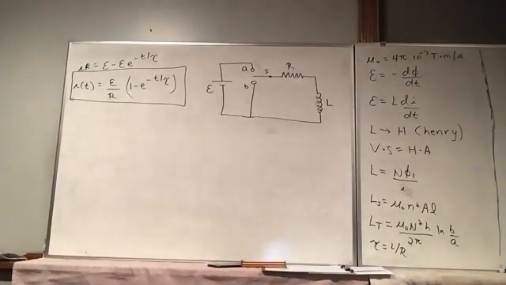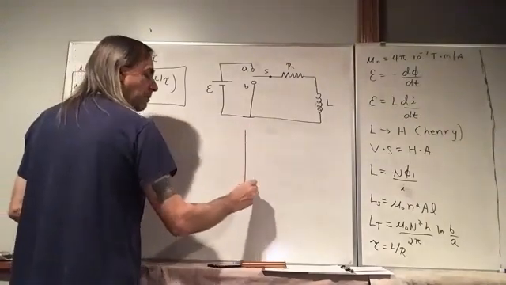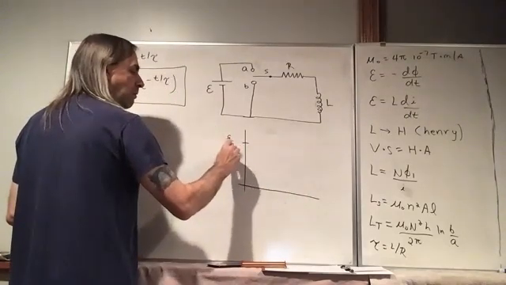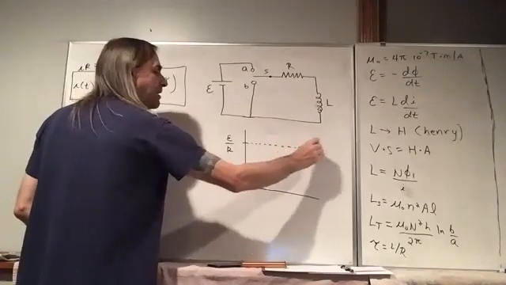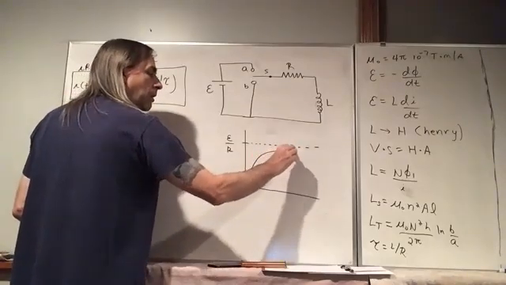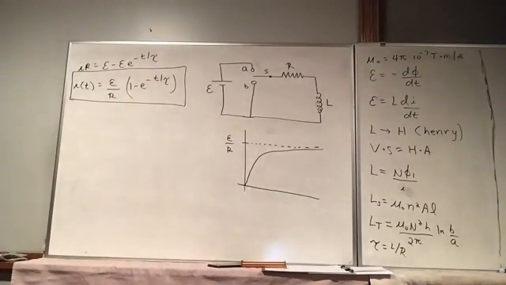Okay, so we plot the current as a function of time. We start out at 0, and we have to approach this value. And it's this exponential term here.